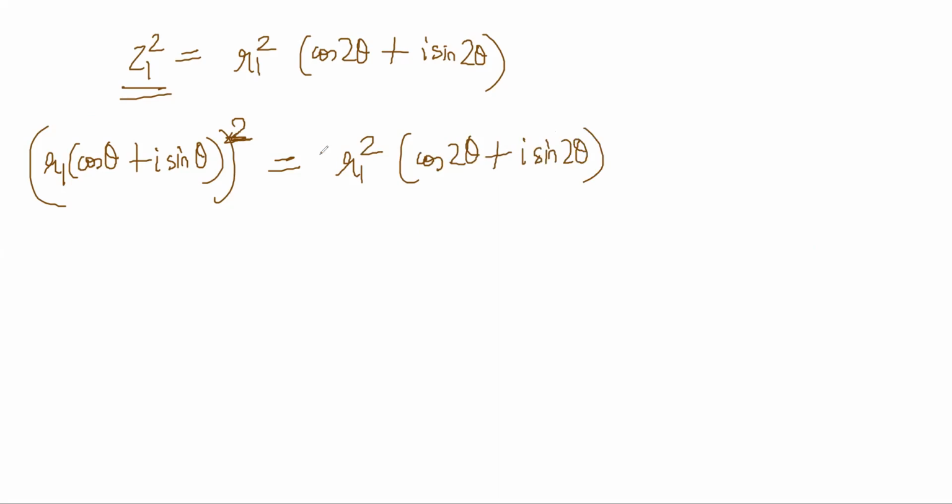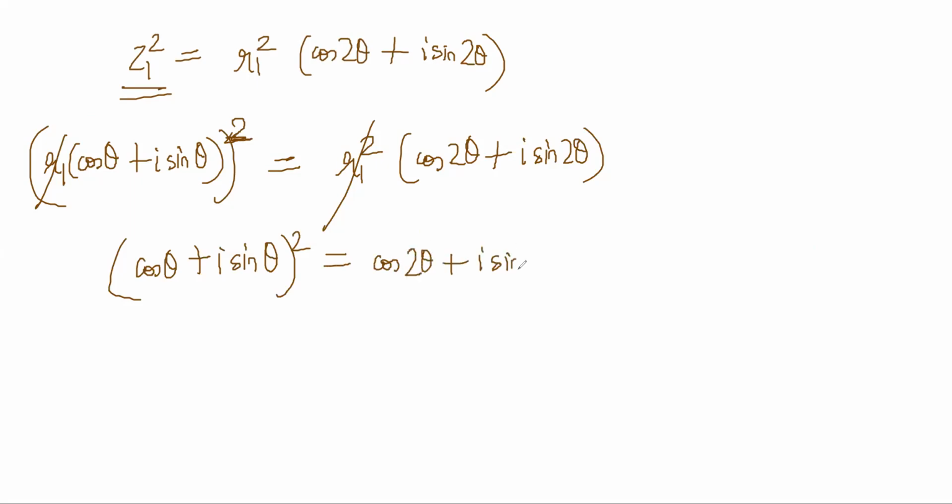So R1 square can get cancelled and you have a new result which says (cos theta plus i sine theta) whole square will be equal to cos 2 theta plus i sine 2 theta, right?